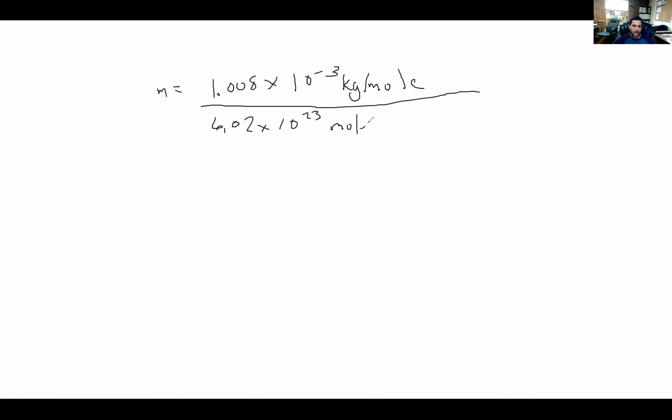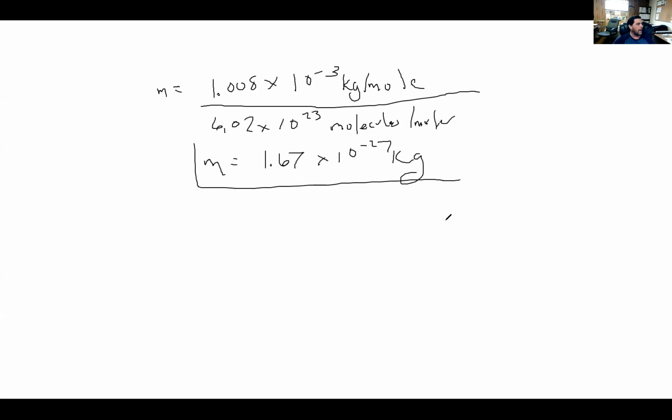That's the number of molecules in 1 mole, right? So it is going to give us kilograms per molecule. So it's 1.67 times 10 to the minus 27th kilograms. That's the mass of a hydrogen atom in kilograms, not the kilograms per mole.